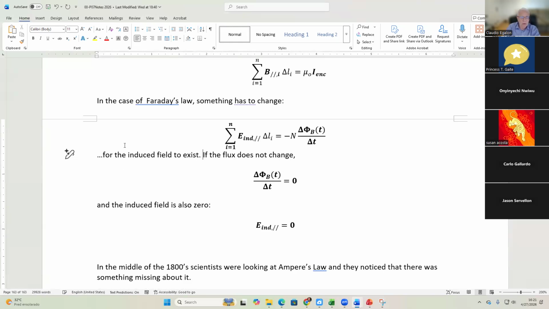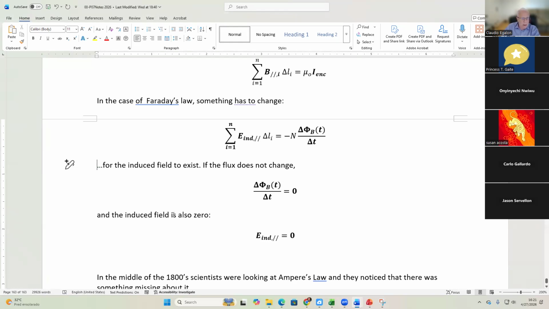If the flux doesn't change, then the induced field must be 0.